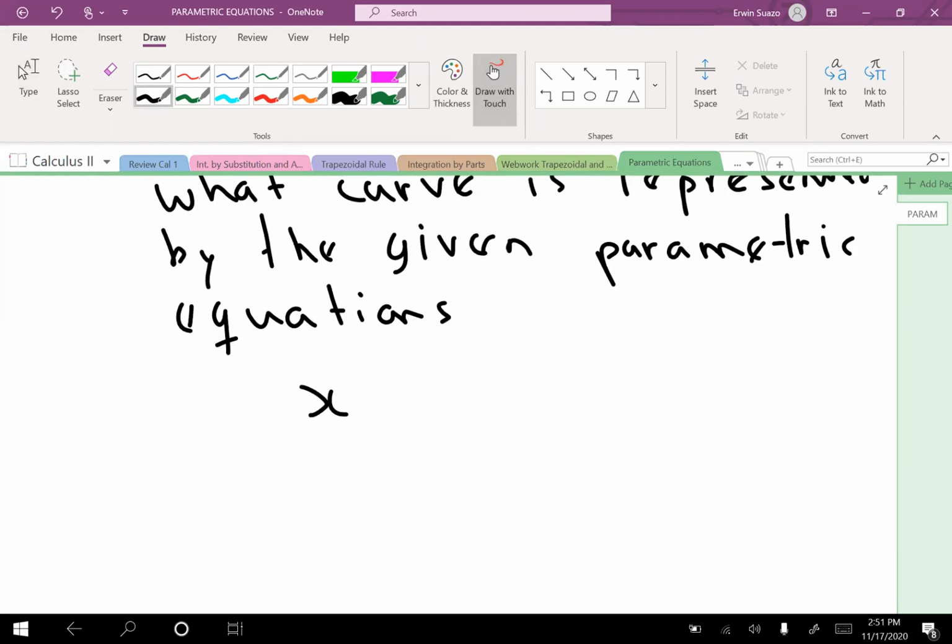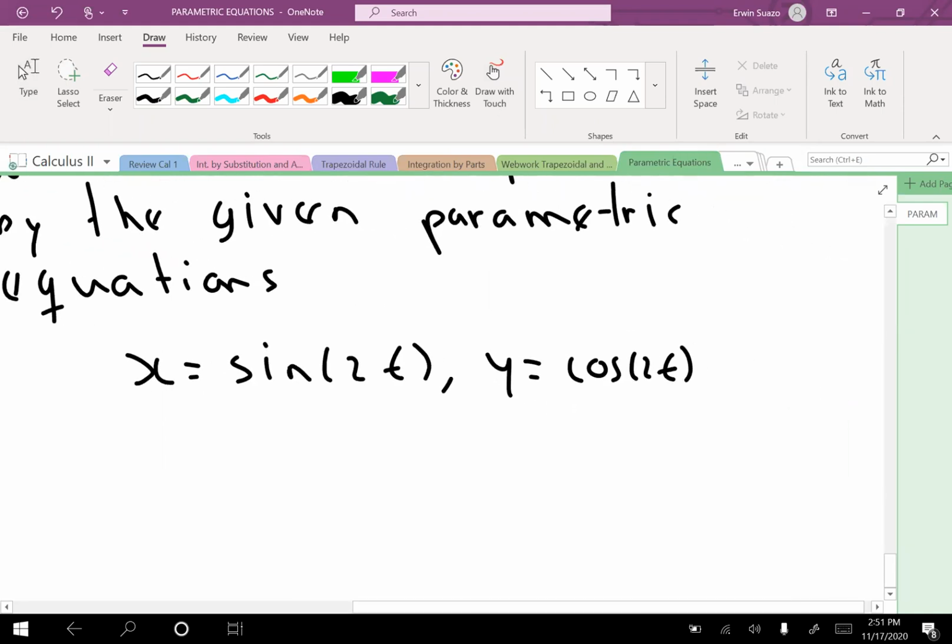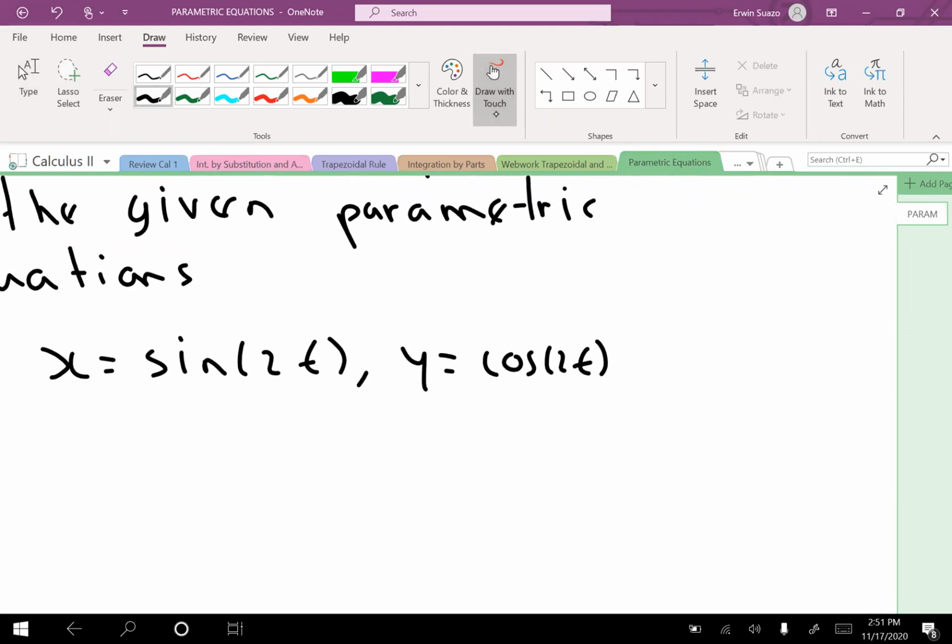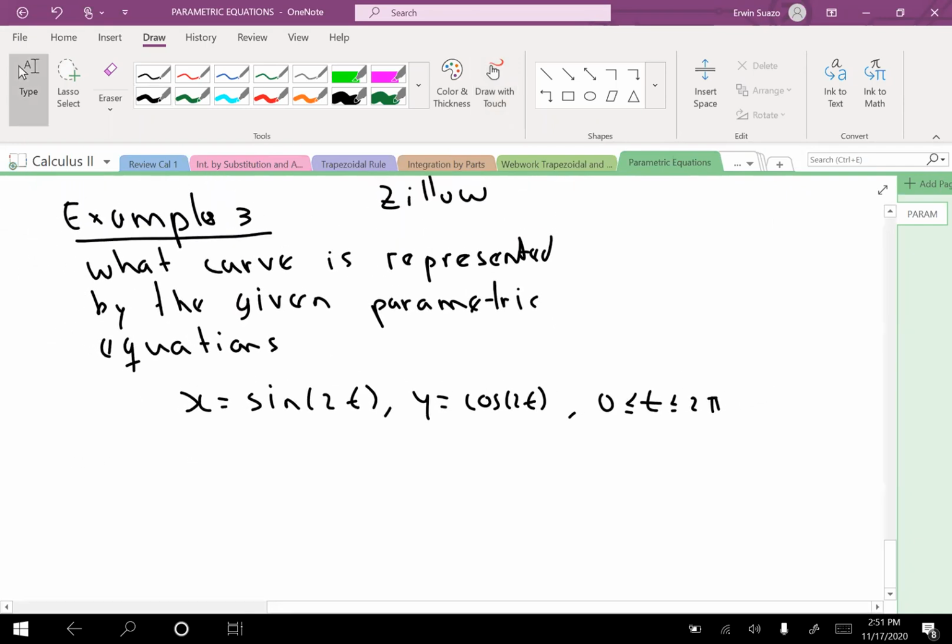So we're going to say x equals sine 2t, y equals cosine 2t, and t between 0 and 2 pi. Let me give you 5 minutes to do this one. Make the table and tell me what is different. Why is this parameterization different from the one before? They look almost the same.